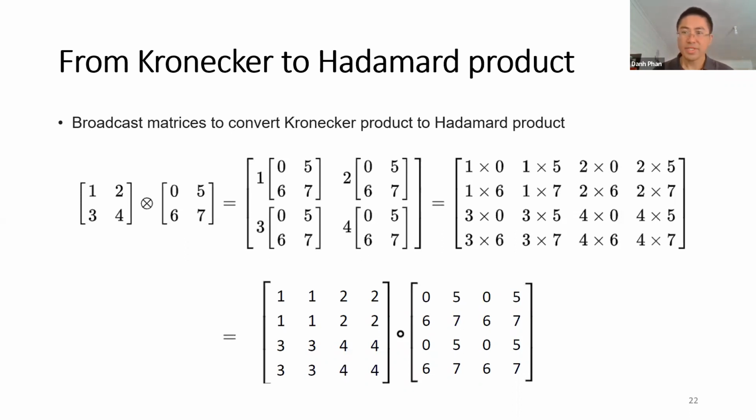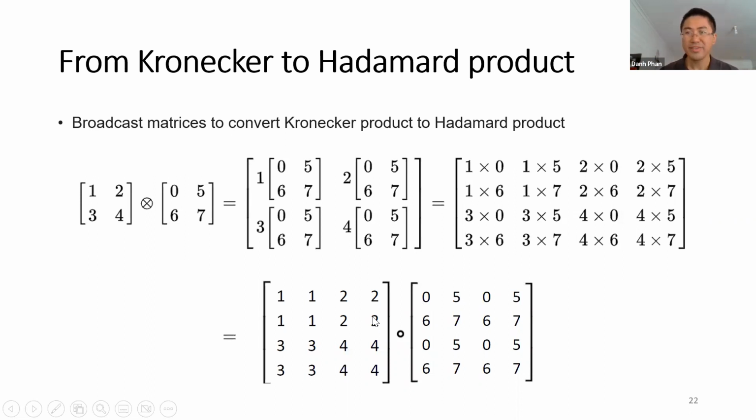Because in implementation, the Hadamard product has some features, like we can swap two matrices and the result is still the same, right? For the Hadamard product, but not for the Kronecker product. Also later, when sampling and calculating the Gaussian process for inference, we need to do some matrix inverse calculation, and using the Hadamard product makes it a lot easier to calculate.